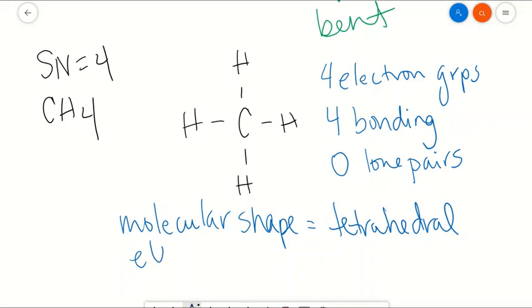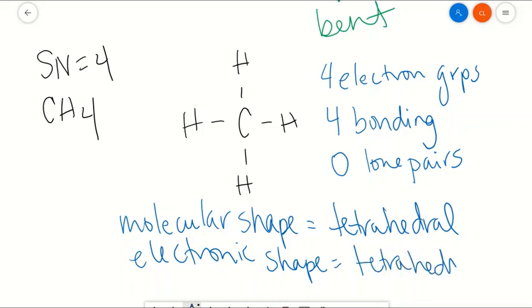And the electronic shape is also tetrahedral. Okay, so steric number 4 with 4 bonding and 0 lone pairs is going to be tetrahedral.